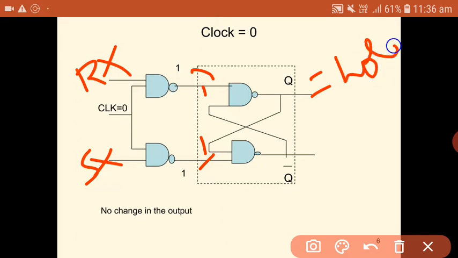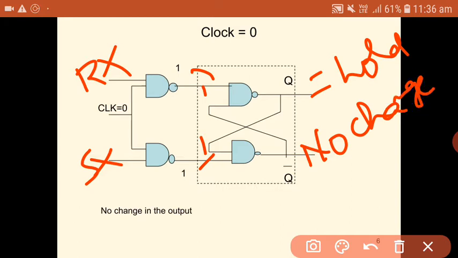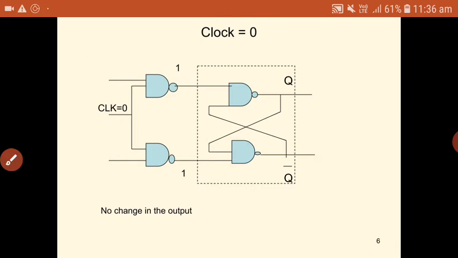That means hold state. So irrespective of the input combinations of S and R, there is no change in the output of the flip-flop.